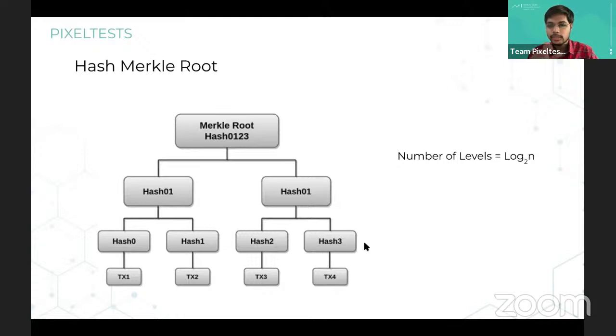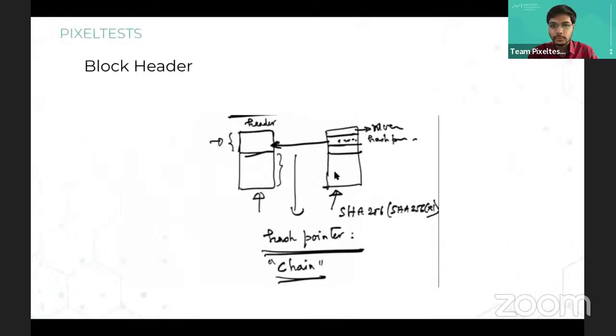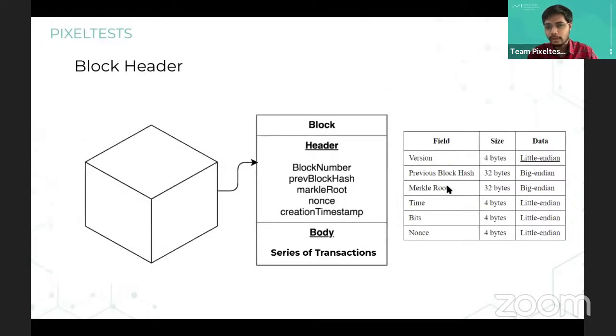This continues, concatenating and hashing, until you reach the top element. That element becomes the Merkle root, and this value is stored in the block header.